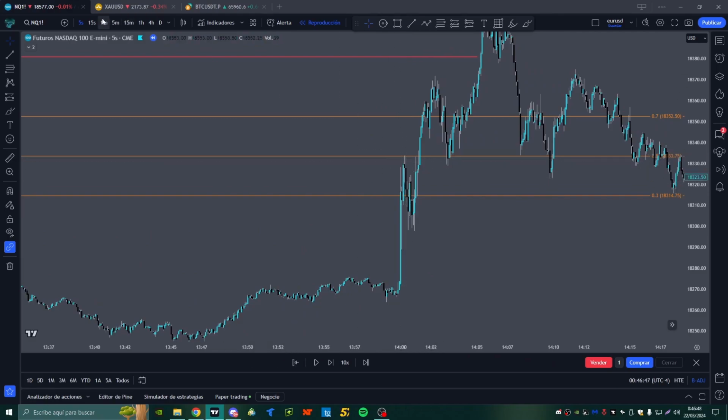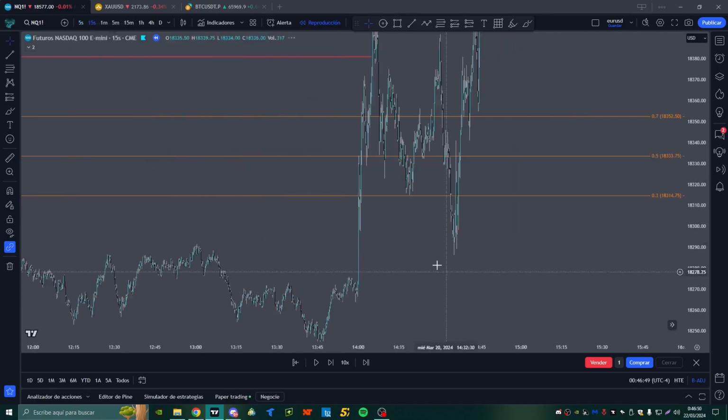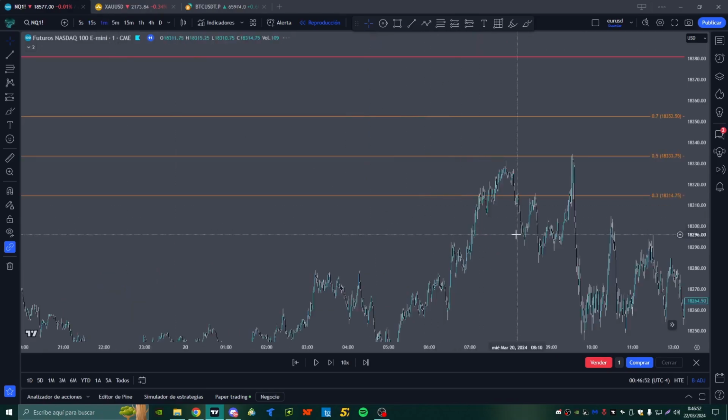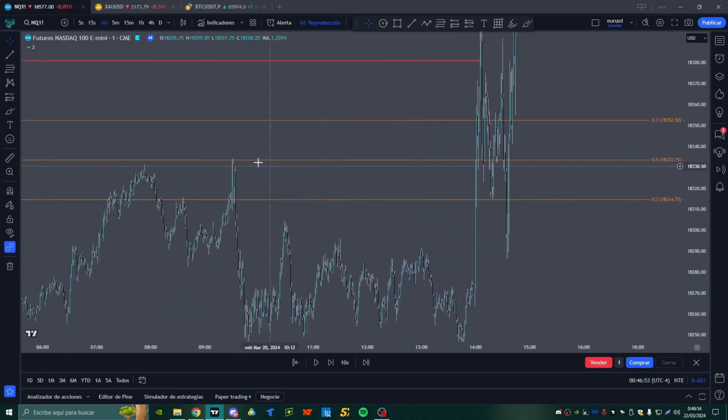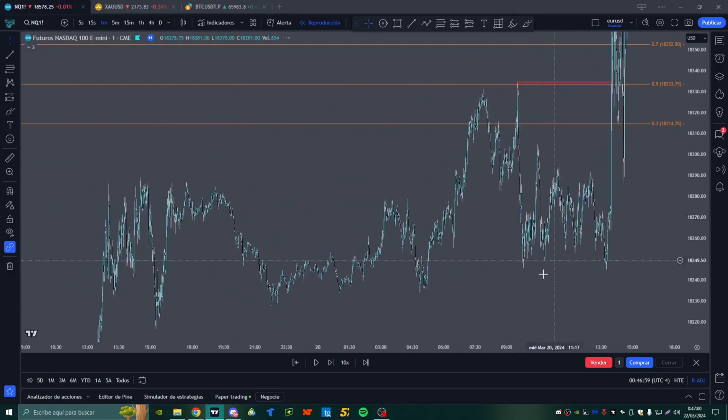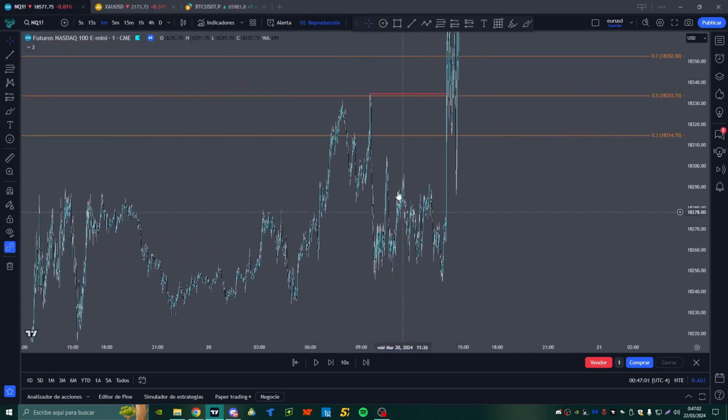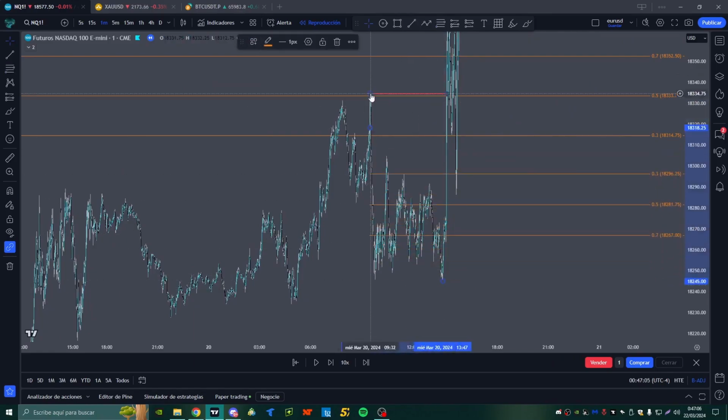The news comes out, and we want to see here what the price reacts to. Let's see. This is the first high of the most recent swing zone we are working on. We are going to mark it right away.